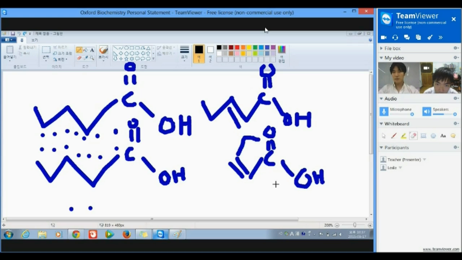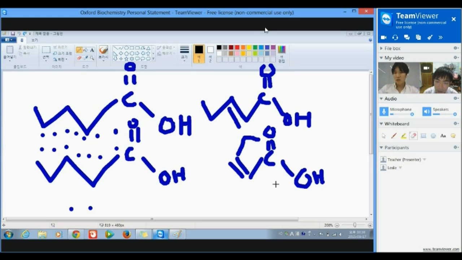The stacking between pentenoic acids can be very irregular, meaning we are not going to get as much van der Waals forces between the hydrocarbon chains, right? Which means pentenoic acid is bound to have weaker intermolecular forces. Weaker intermolecular forces means there's less energy required to break these van der Waals forces, right?